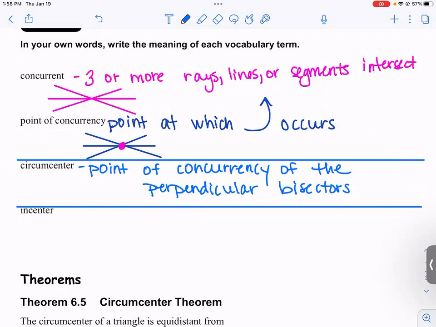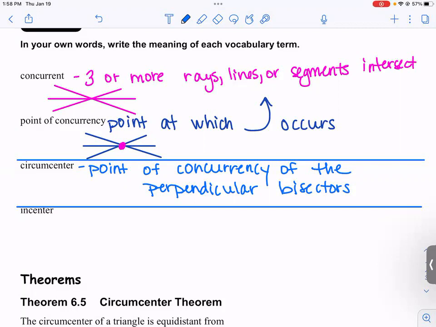So we have perpendicular bisectors that go from a vertex. No, not from the vertex, excuse me. Perpendicular bisectors is the line that goes through the midpoint of each side at a 90-degree angle. So if we draw all 3 of them, the circumcenter is where these 3 intersect.